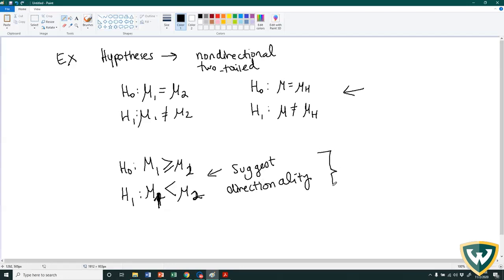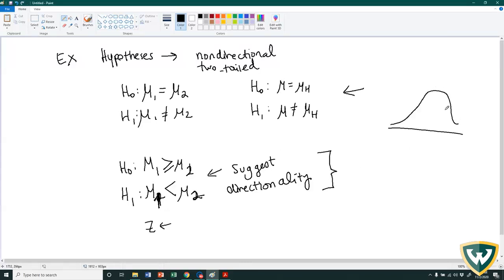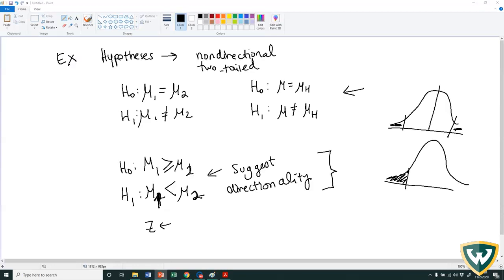If I do, then my critical z's change, because how I distribute the probability across the curve changes a little bit. I either look at the probability at the two ends or the probability at one end only. But this is not going to come up in the exam. We are only going to do non-directional tests in this class, not directional tests at all.